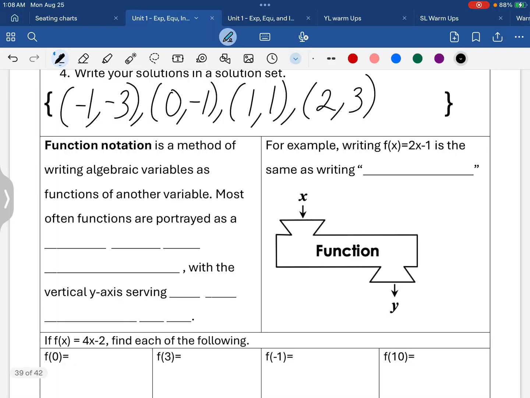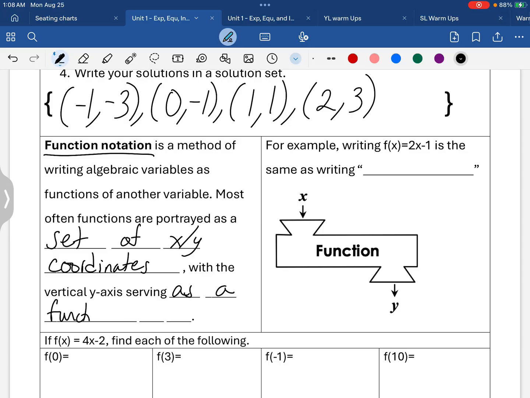So what we just did was called function notation, which is a method of writing algebraic variables as functions of another variable. Most often, functions are portrayed as a set of, you guys can guess it, x, y coordinates, with the vertical axis serving as a function of x.